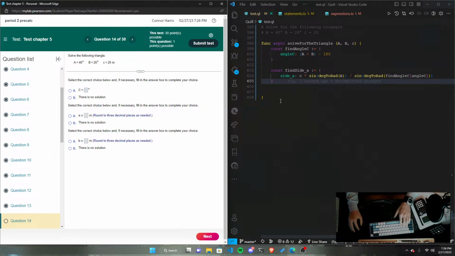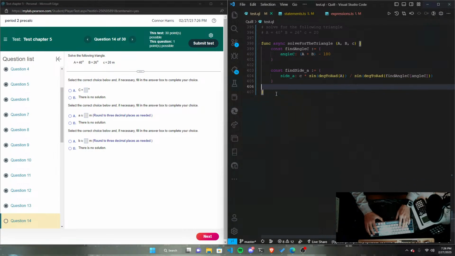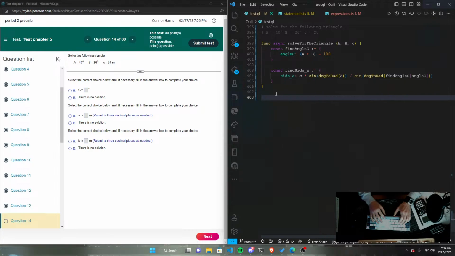Okay, let's actually check this to make sure that we are returning the correct values real quick. So let's say solve for the triangle. We have big A, which is 40, and 26, and 20.